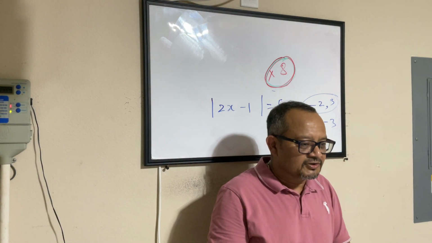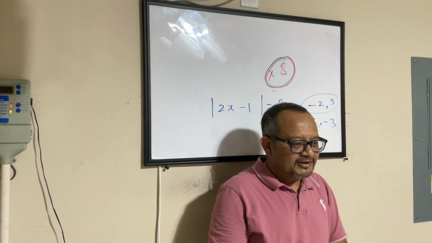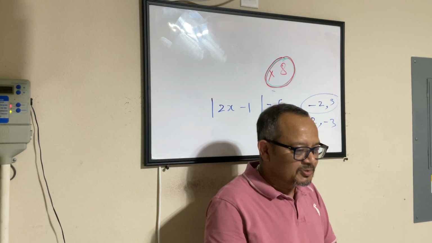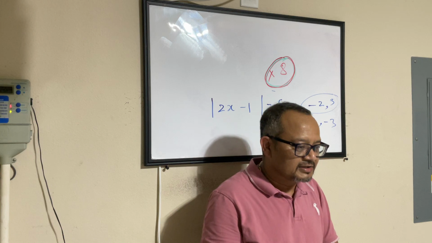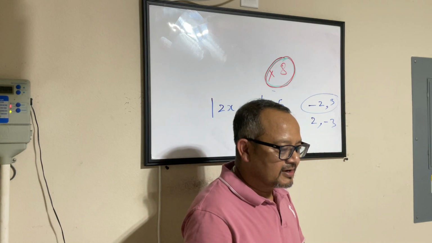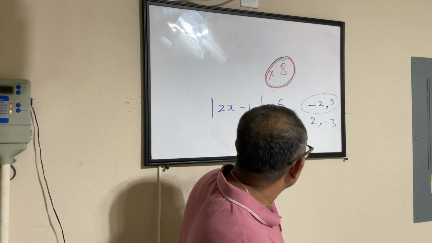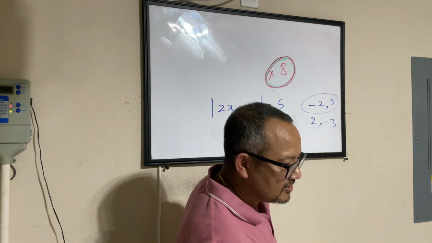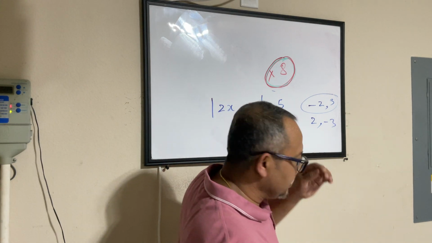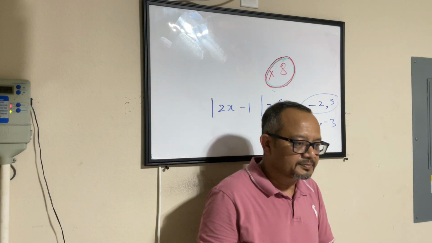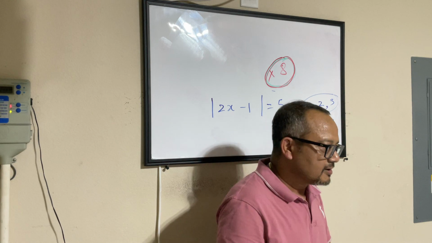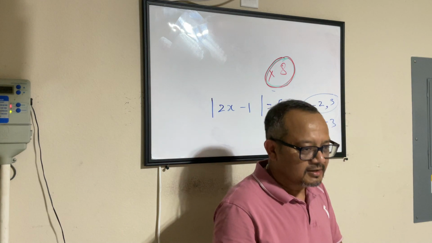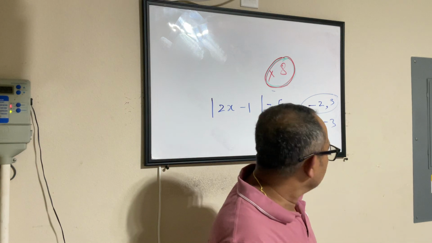Whoever has given the answer, you can put your hand down so that I can look at who all remain to share the answer. Yes, Sriyan, tell me. For the first one, I got -2. Wait, no, I just got -2 and 3. Okay, how about you, Saib? 2, -3.